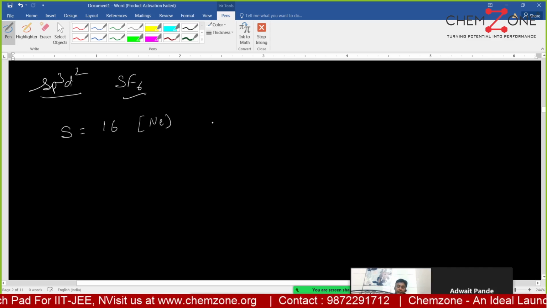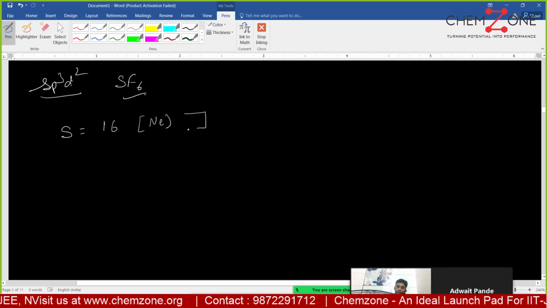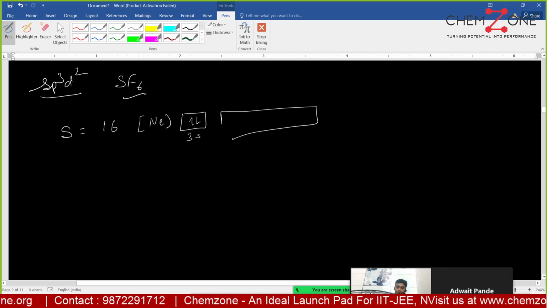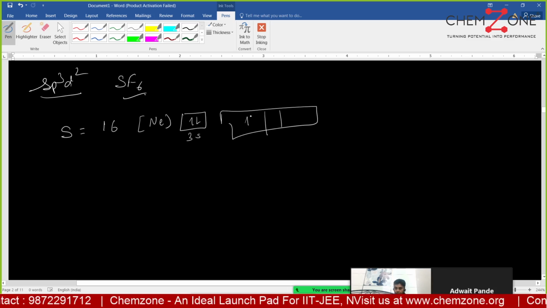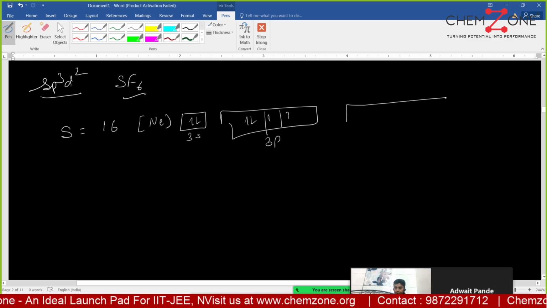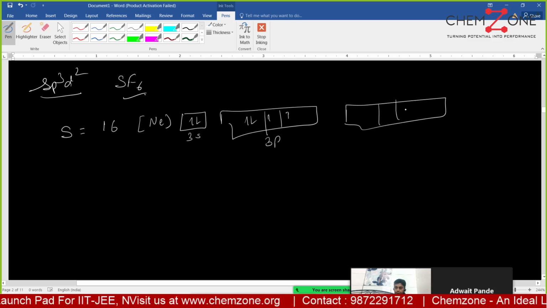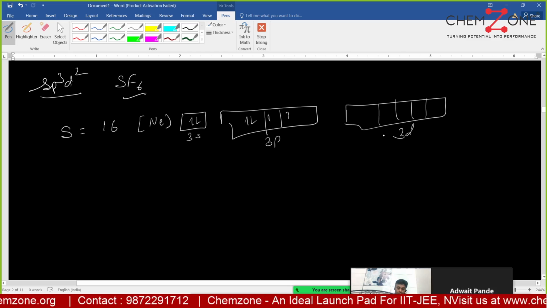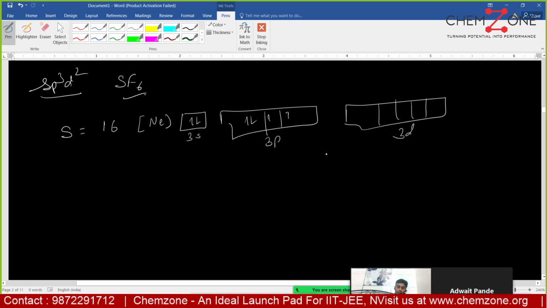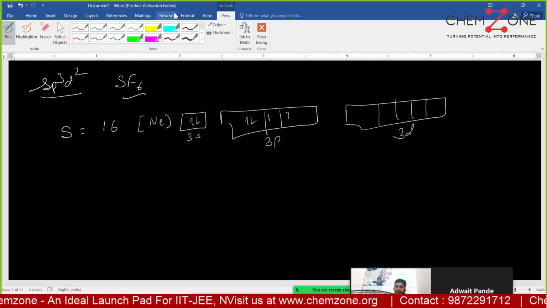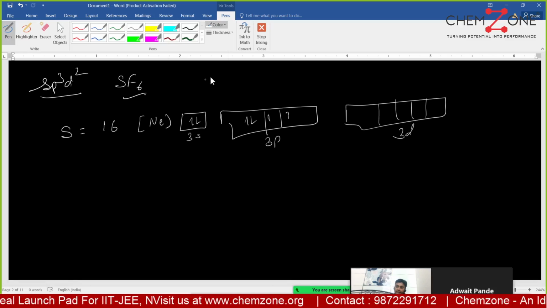Electronic configuration neon complete, 3s2, and like that. Now it is making six bonds, so it will need six unpaired electrons, right?